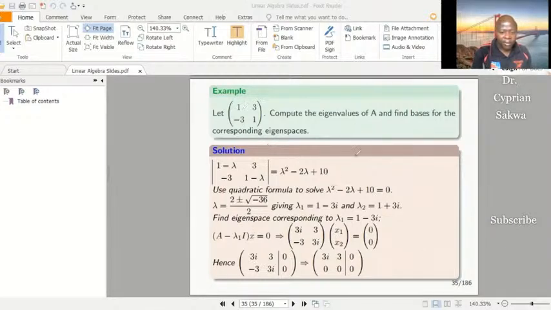If you have A minus lambda I, now if lambda is this, you subtract it from the diagonal, so 1 minus (1 plus 3i), which is just minus 3i. That's why you see 3i along this diagonal.